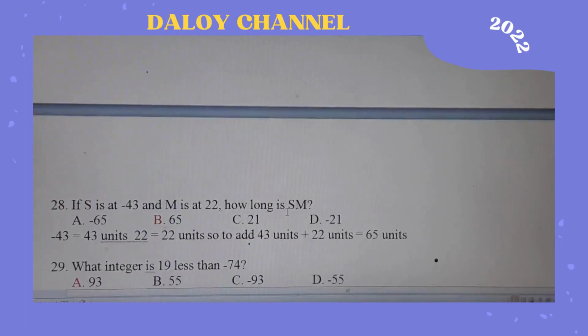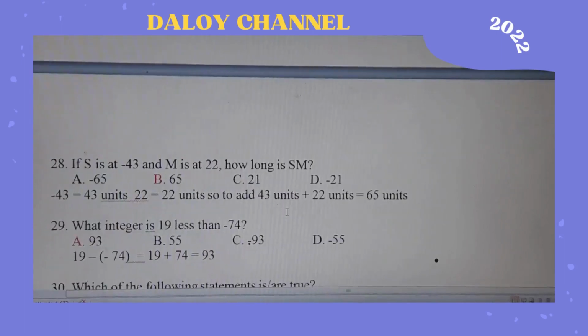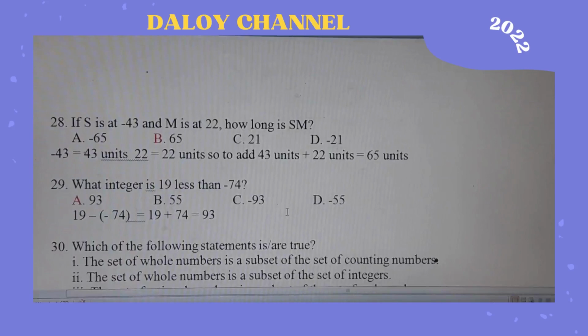Number 28. If S is at negative 43 and M is at positive 22, how long is SM? Number 29. What integer is 19 less than negative 74?